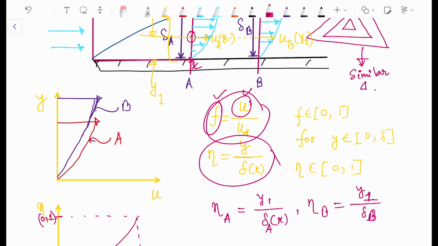So if I plot f versus y, that will be different for section A and section B.